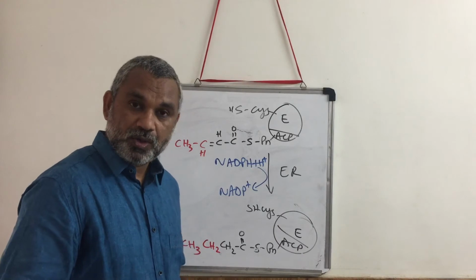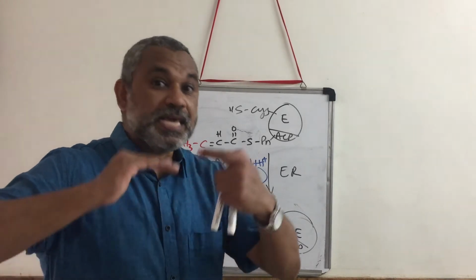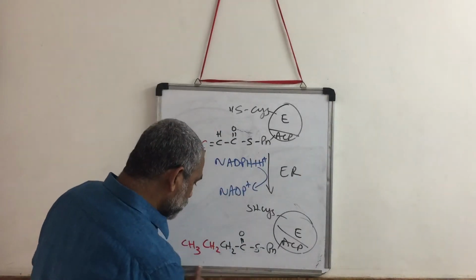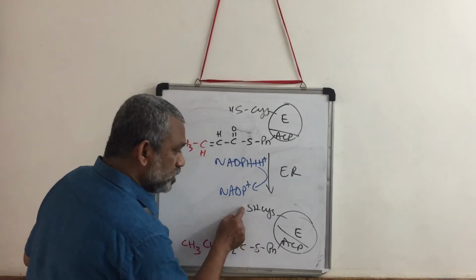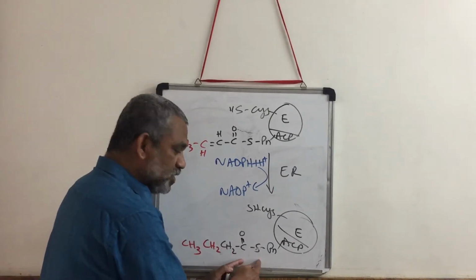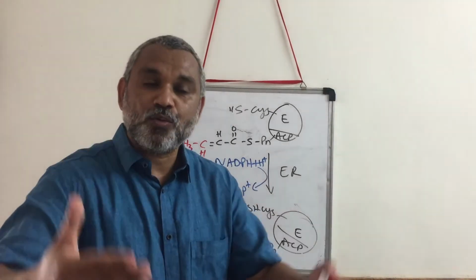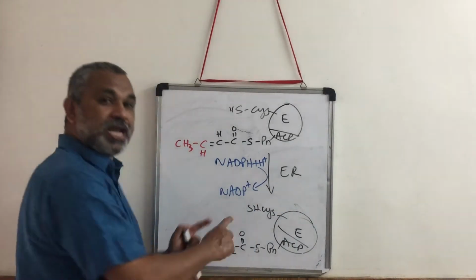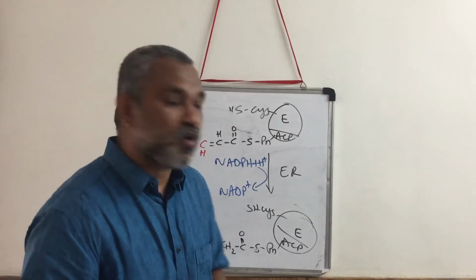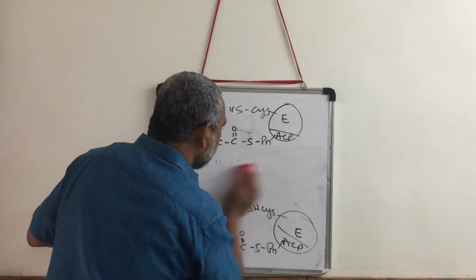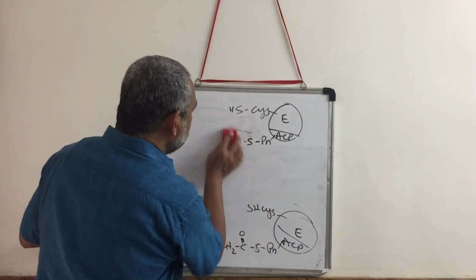What to do now? So therefore now the ACP will transfer this whole unit to this position so that this is empty. This is available for the malonyl group to be added. So let us transfer that. It is a non-enzymatic reaction, so therefore it is transferred there.